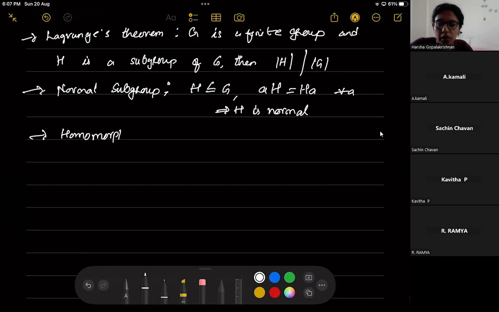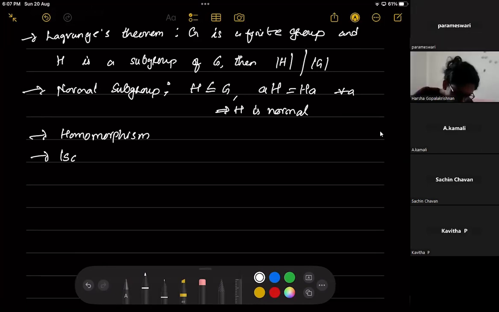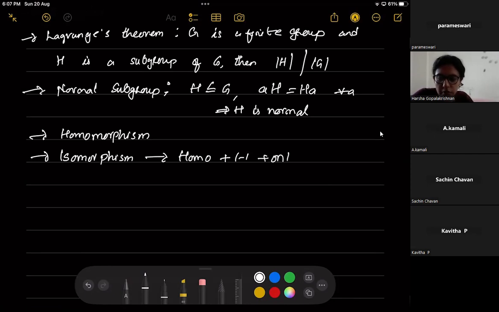I'm not going to the definition of homomorphism; let us come to it during the problem. And then isomorphism. Isomorphism means it is homomorphism plus one-one plus onto. That is, a bijective homomorphism is an isomorphism.